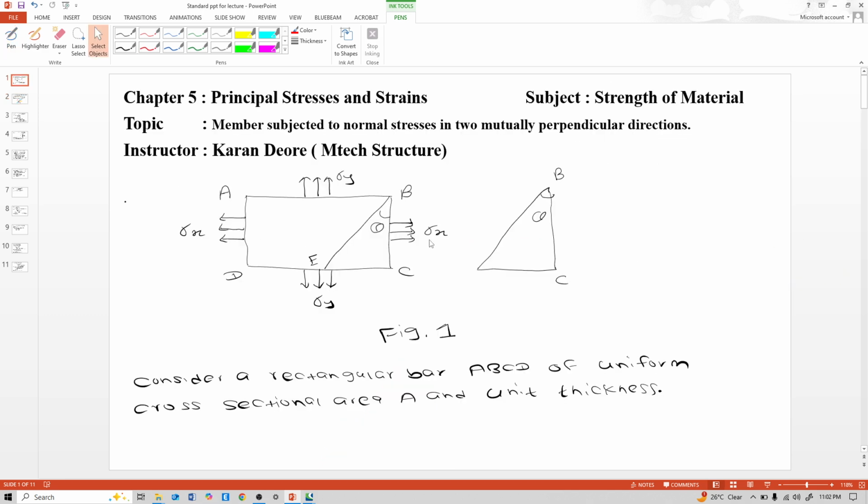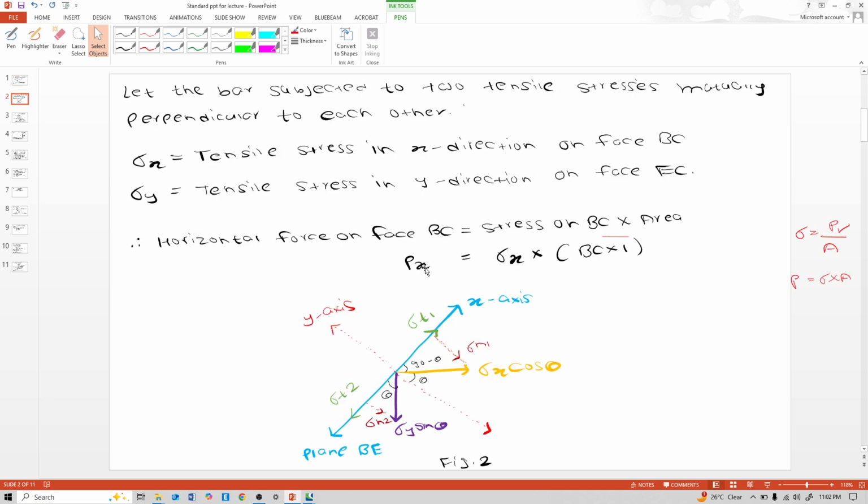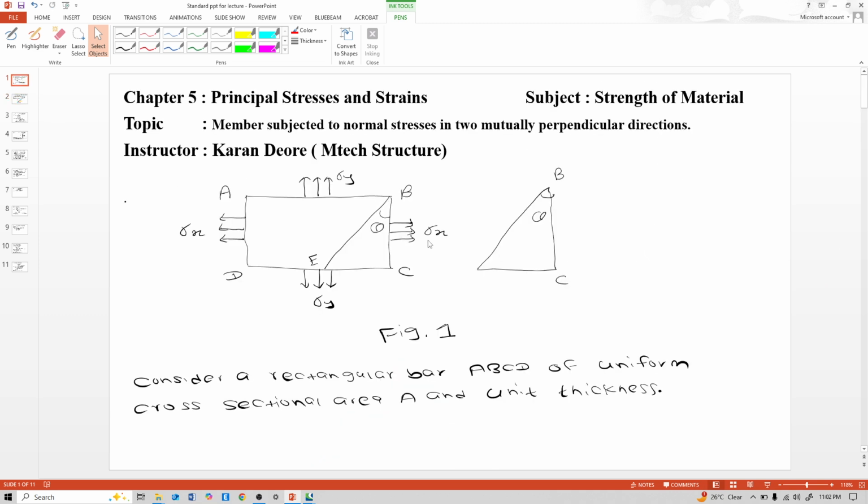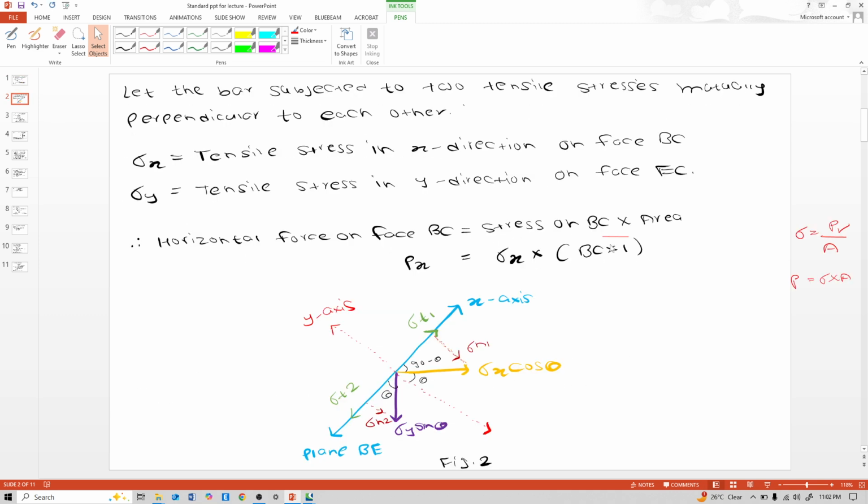So horizontal force on face BC, denoted as Px, is equal to stress on BC into area. Stress on BC is sigma x, and area is BC into unit thickness 1. So Px is equal to sigma x into BC into 1.